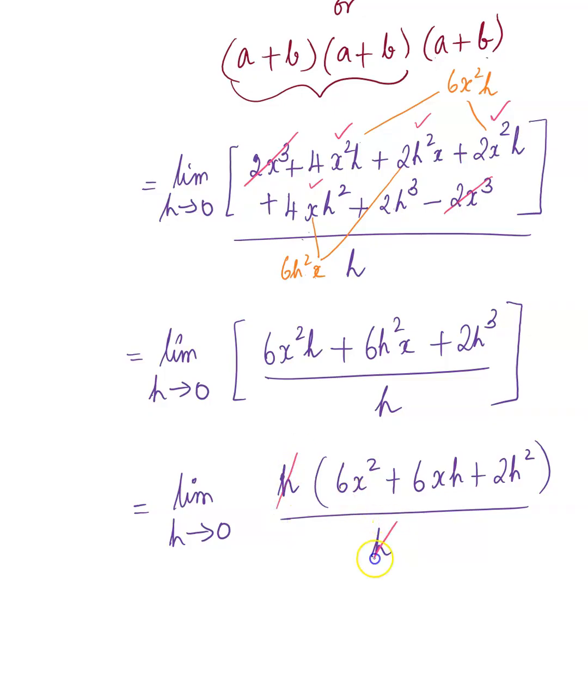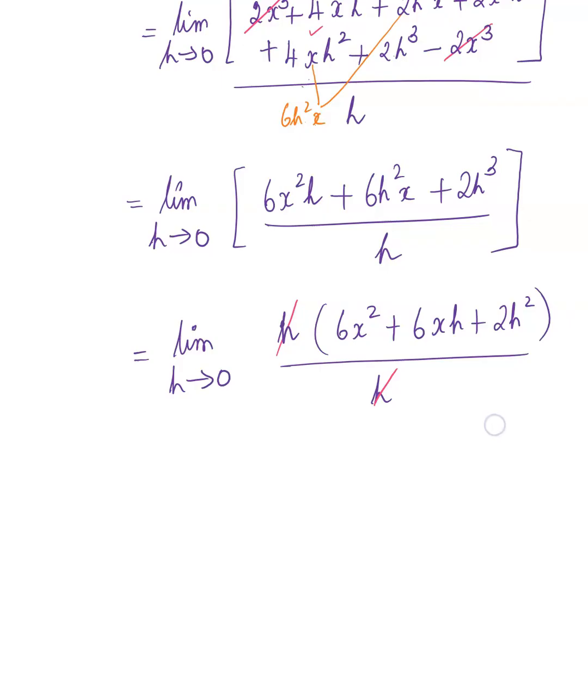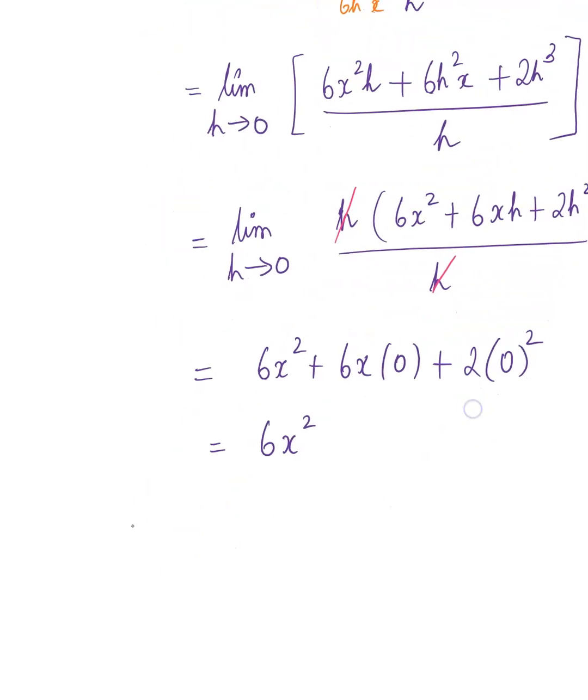Cancel it off. Then I'm going to plug in h as 0. That's going to be 6x squared plus 6x times 0 plus 2 times 0 squared, basically giving us 6x squared. So in other words, dy over dx is 6x squared.